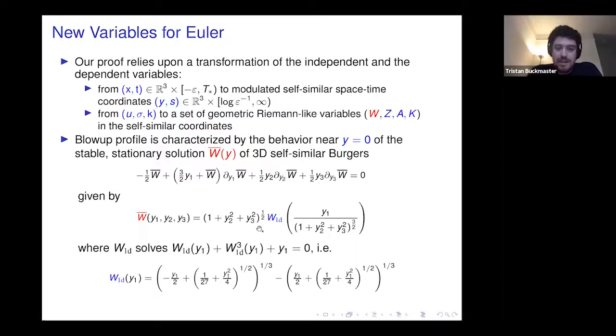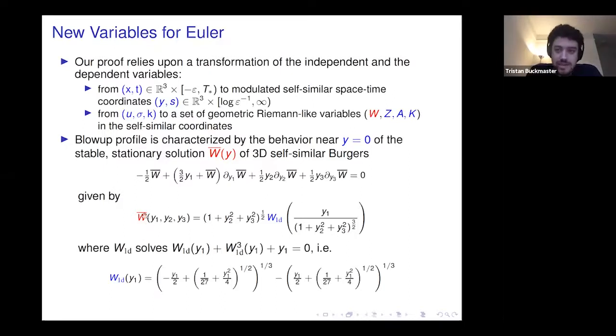That's the plan of attack. So in particular, if you consider the 3D self-similar Burgers equation, I'll describe shortly how you get this self-similar equation. It's this.